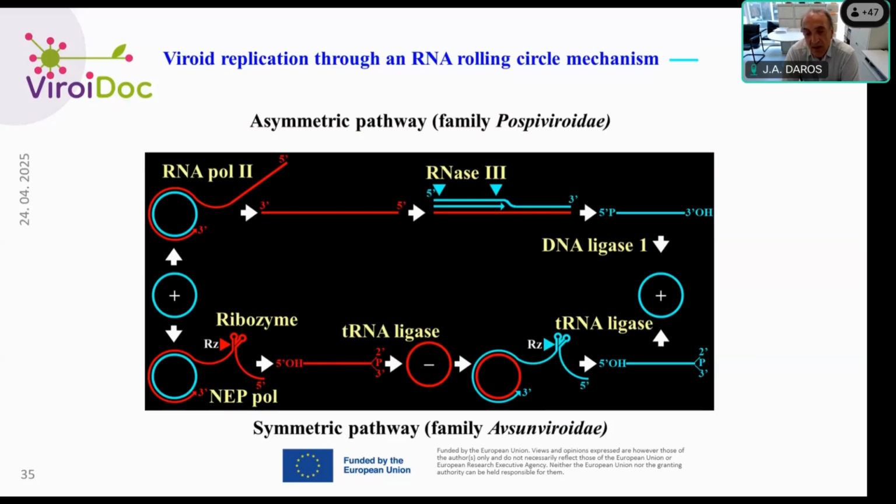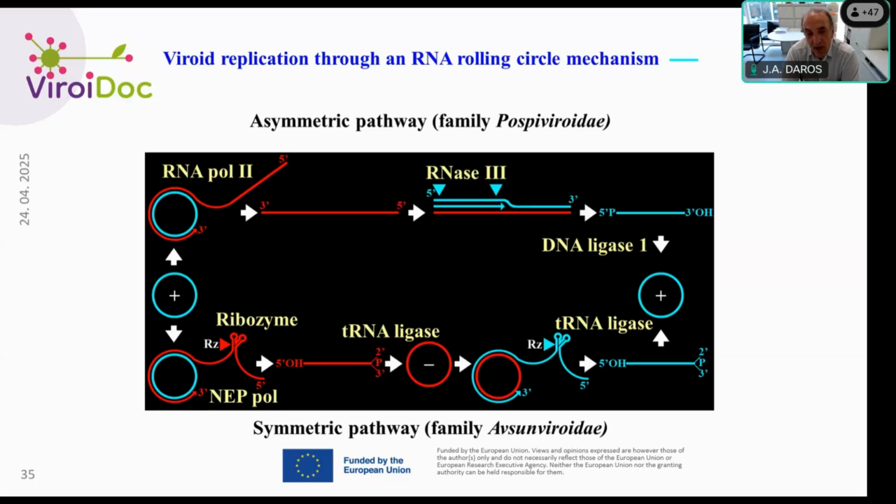As you can see here in this image, I wrote the names of some of the host enzymes involved in replication. We have a very interesting issue here: some of them are enzymes that in the cell are involved in DNA metabolism.